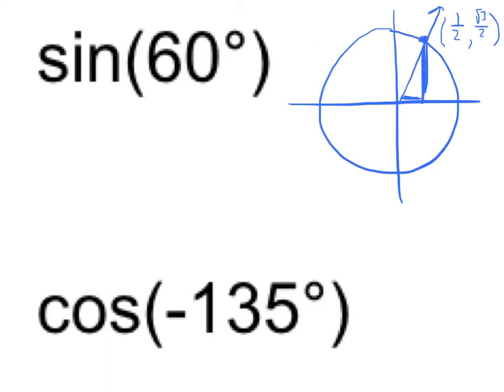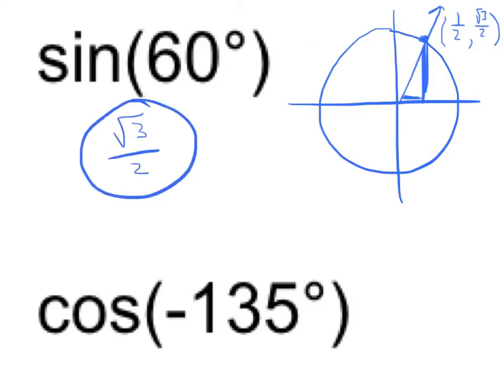So remember, step 1 was draw the unit circle, locate the angle. Once you've located the angle, the next step is write down, or at least think about, what the coordinates are. Then once you have the coordinates, you go, okay, I want the sine of that angle. Sine is supposed to be the y-coordinate, so the sine of 60 degrees is the square root of 3 over 2. And that's the exact value of the sine of 60 degrees.